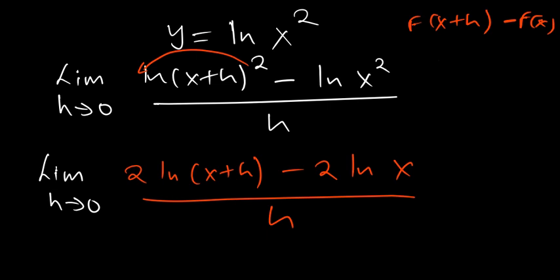Now we can do something interesting there. We can actually factorize the 2, so you're going to have 2, and the brackets are going to have natural log of x plus h minus natural log of x.